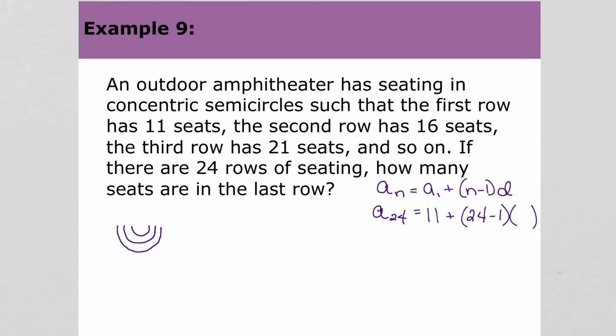But we need to know what d is. To find d, we had 11 for the first, 16 for the second. So 16 minus 11 gives us 5. 21 minus 16 is 5. So d must be 5. Then we can find a sub 24 by plugging in that 5, subtract, multiply, add. We get 126 seats.